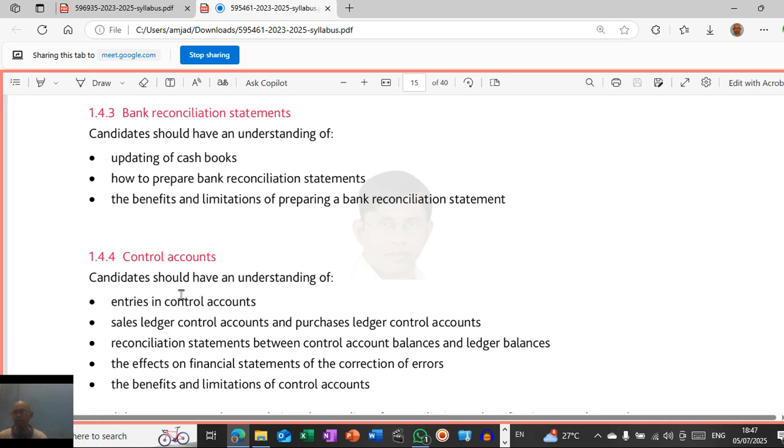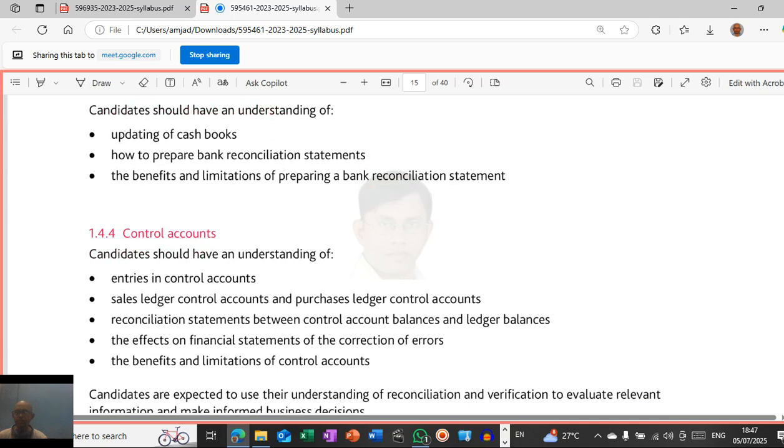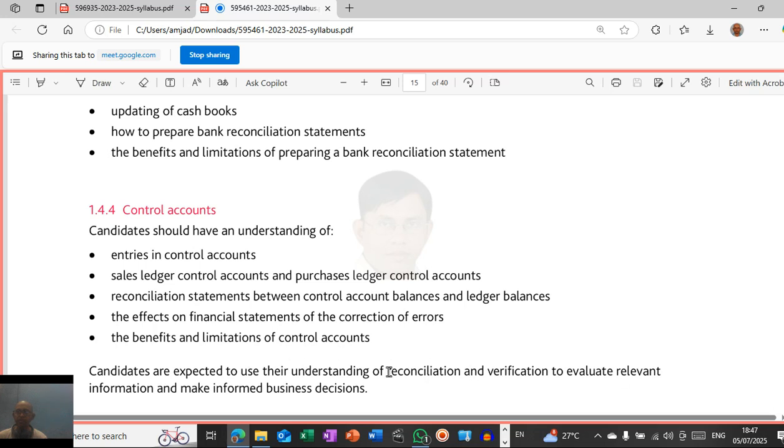Control accounts: candidates should have an understanding of entries in control accounts, sales ledger control accounts and purchase ledger control accounts, reconciliation statements between control account balances and ledger balances, the effect on financial statements of correction of errors, and the benefits and limitations of control accounts. Candidates are expected to use their understanding of reconciliation and verification to highlight relevant information and make informed business decisions.